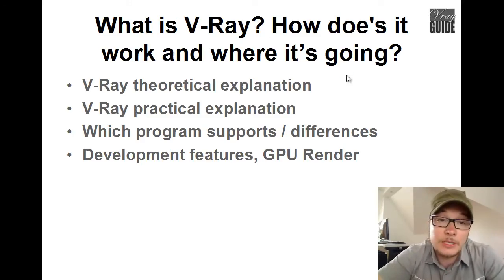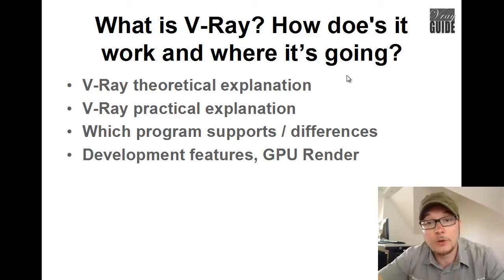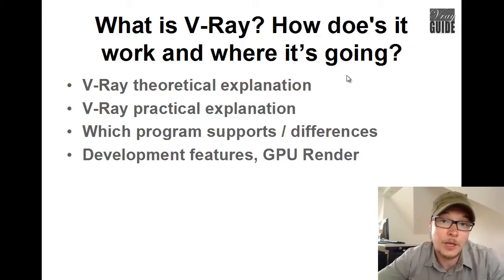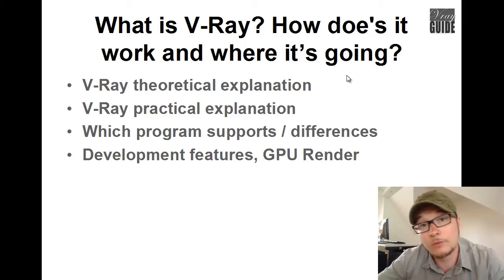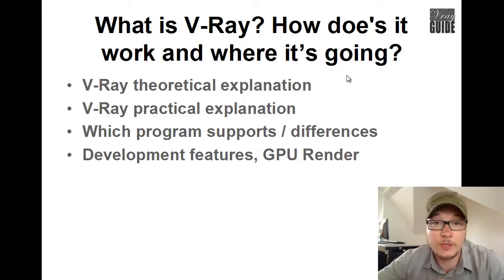Okay, the first chapter is talking about Vray. How does it work and where is it going? It's basically the information of how Vray was born, how it was developed by Chaos Group. Its basic principles, basic theoretical information about Vray, how Vray really works, what is Vray, what is a tracing engine, what is a rendering engine, the difference between the use of Vray in particular 3D applications, and the future, what is going to be in the future.